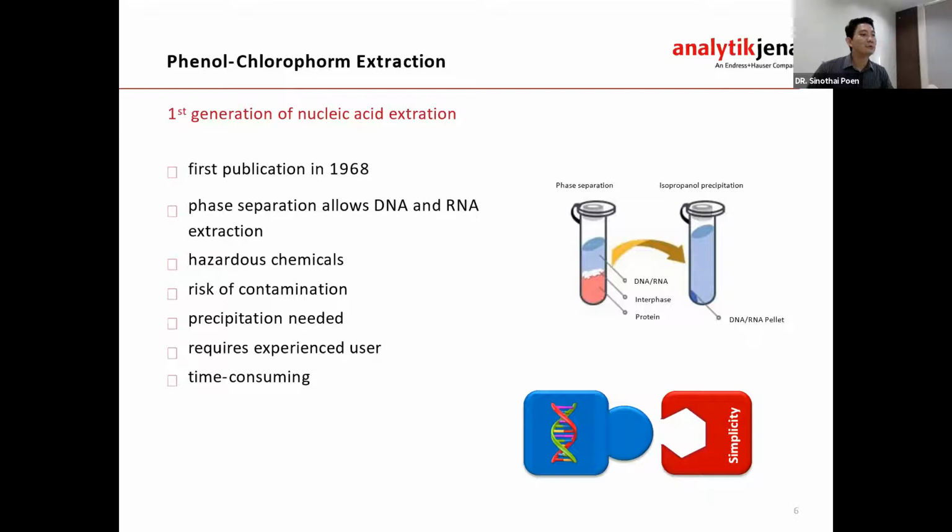Although if done properly by an experienced user, the technique can yield quite good quality of nucleic acid. The use of hazardous chemicals like phenol-chloroform, also risk of contamination, as well as time consumption, led to the development of easier methods for nucleic acid extraction.